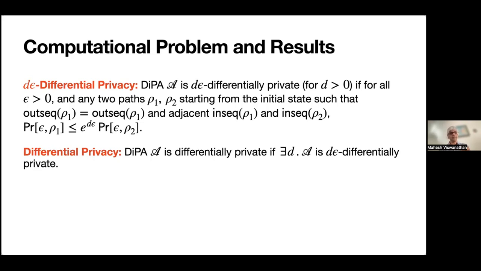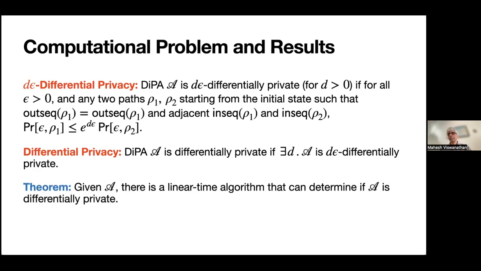Essentially the result is that there is a linear time algorithm to solve the second problem, and the linear time algorithm will also output a value for d such that the automaton is d epsilon differentially private for that number, if it passes the test. Any questions?